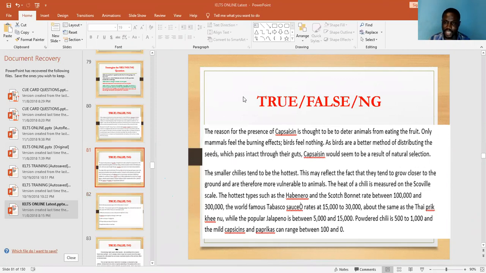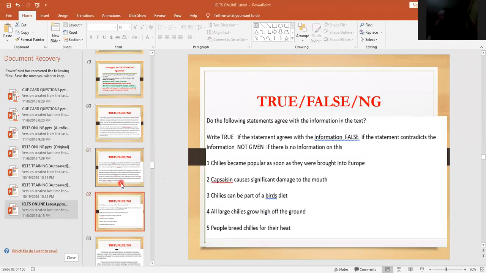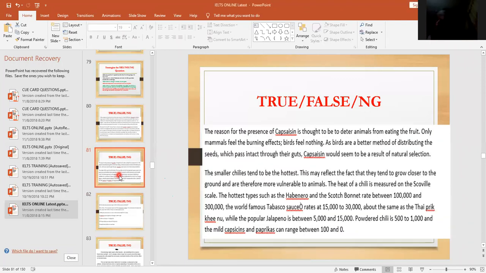So what's the answer if you've not sent your answer? False. Okay, you say it is false. Okay, someone said false.